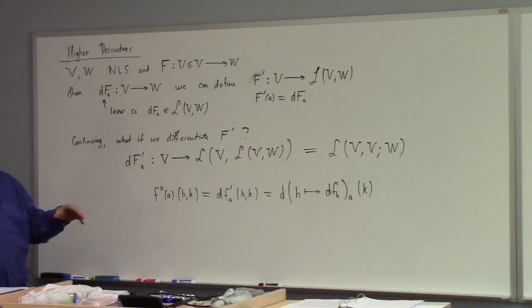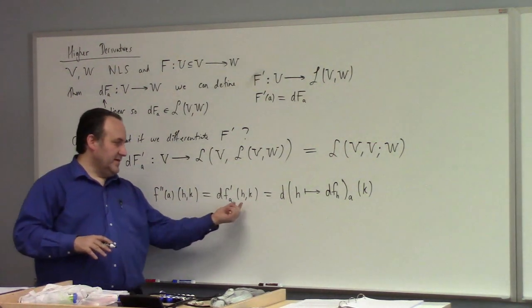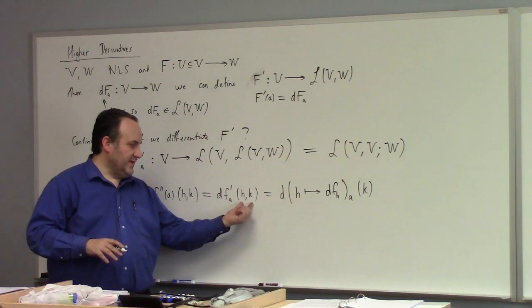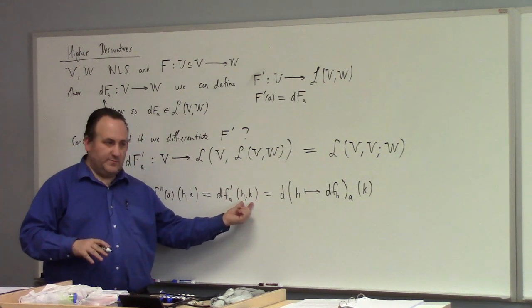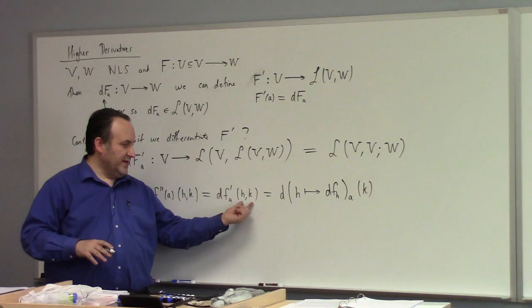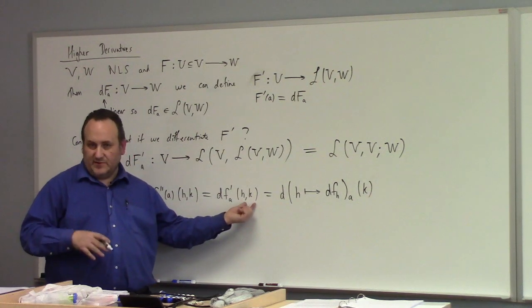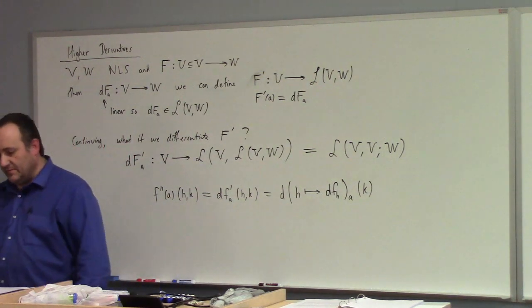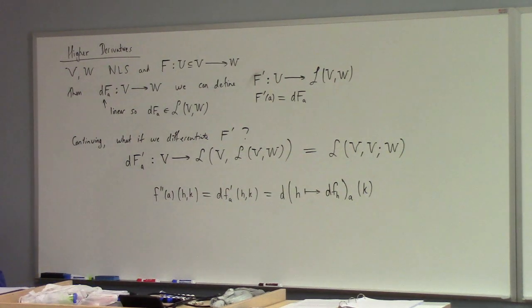If you're looking at the nth derivative, you would be inputting n of these in order to understand the nth derivative of a function. But this takes a fair amount of notation to build up, and I have zero intention of pursuing this further. So I just wanted to mention that this is what we're up against to try to calculate higher derivatives.